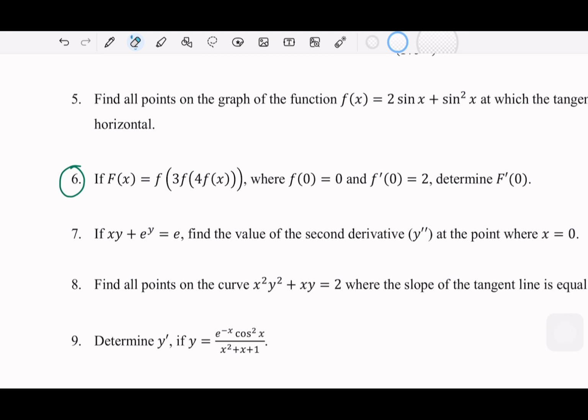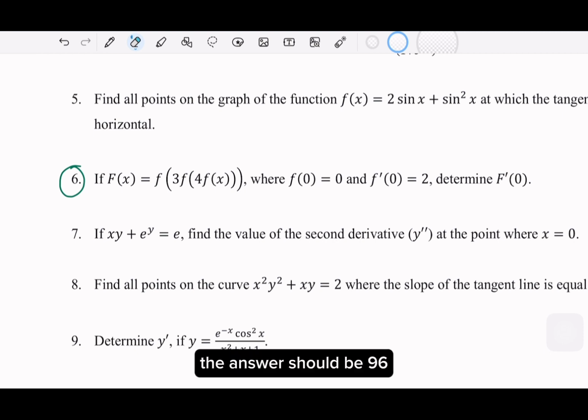How about this side? Have you tried? Okay. The answer should be 96.